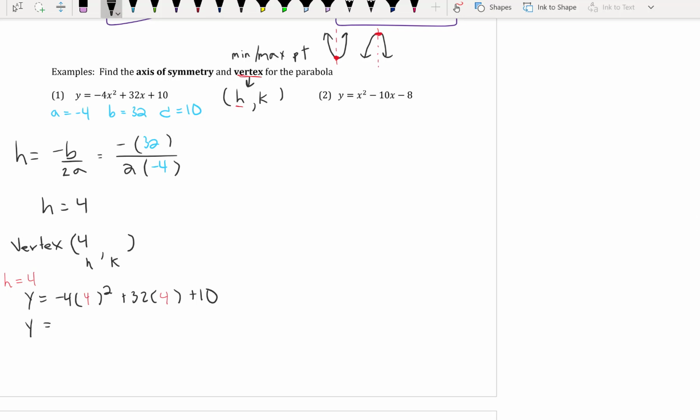So now I'm going to have negative 4 times 4 squared plus 32 times 4 plus 10, which gives me a positive 74. So that tells me that my k value is equal to 74.